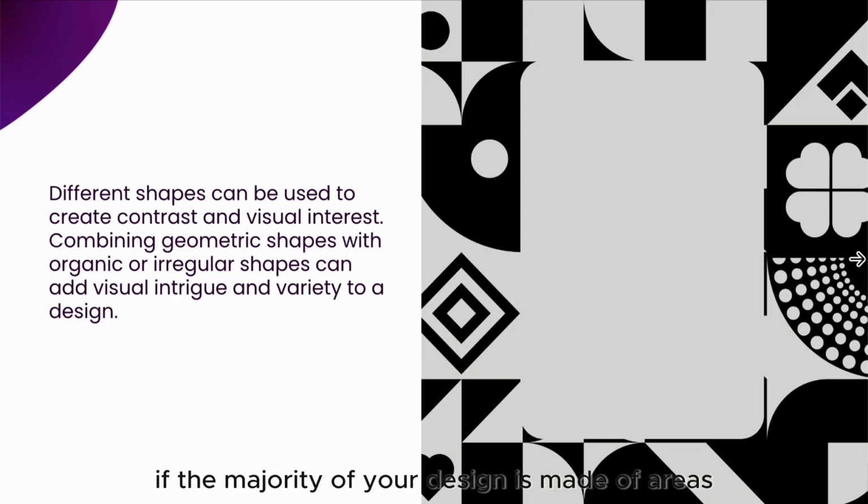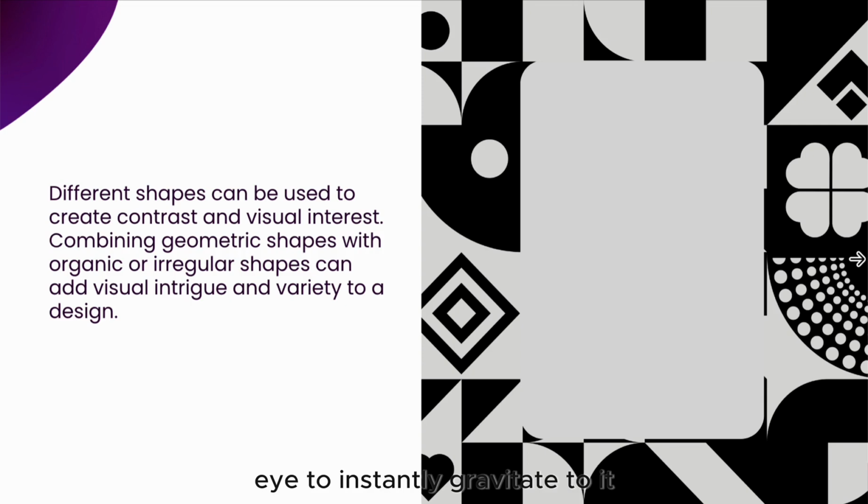For example, if the majority of your design is made of areas shaped as squares, dropping in a circle will cause the viewer's eye to instantly gravitate to it. Because the human eye is soothed by similarities but intrigued by appreciable differences.